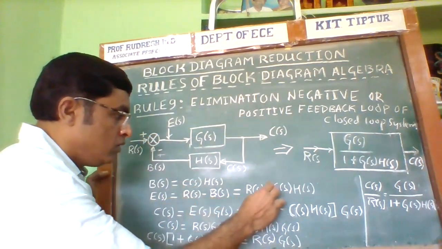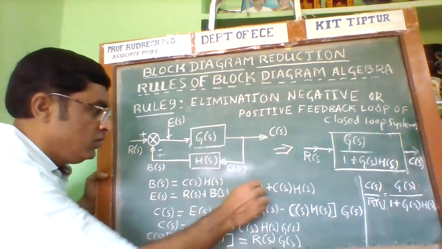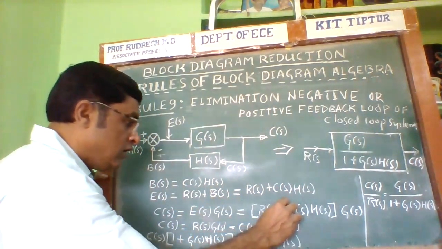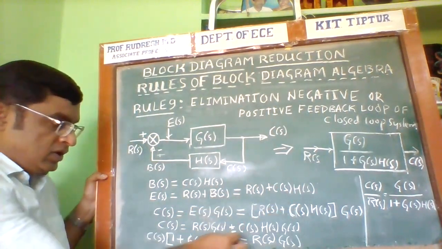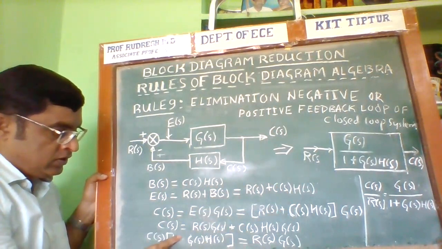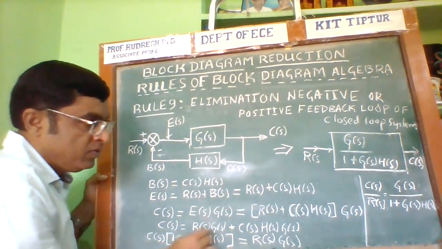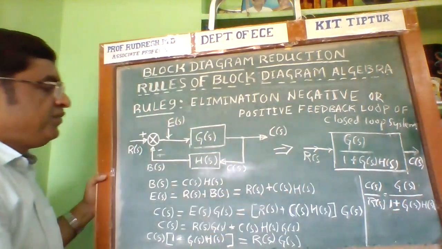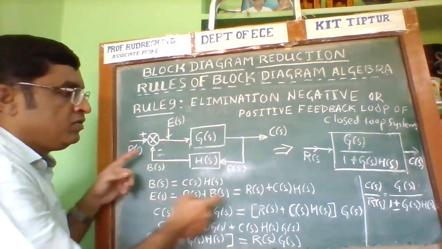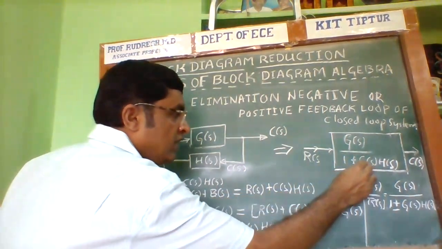E of S is equal to R of S plus B of S. So here also plus. If this term is taken to the left hand side, then this becomes negative. Therefore, for negative feedback the denominator has a plus, and for positive feedback it has a minus.